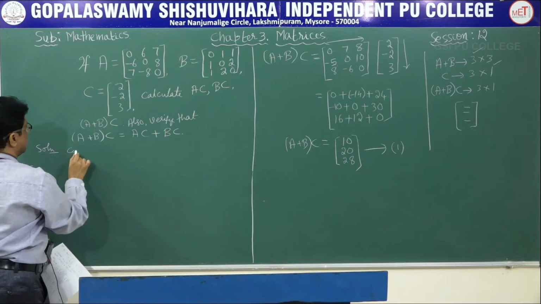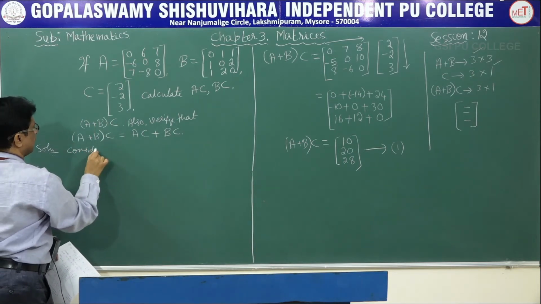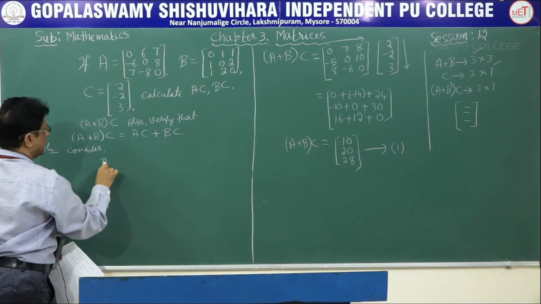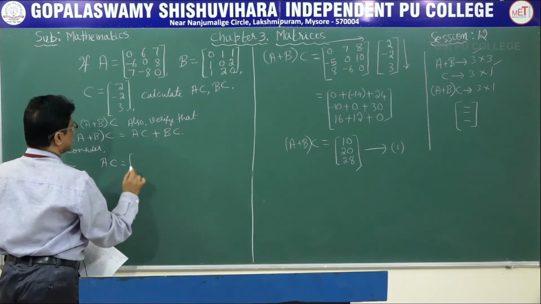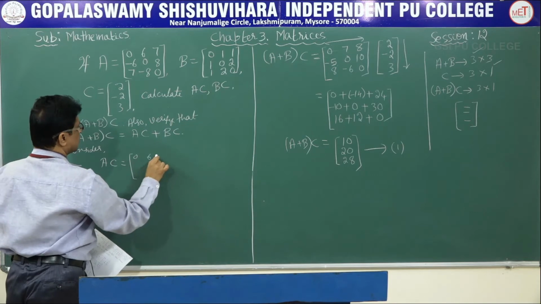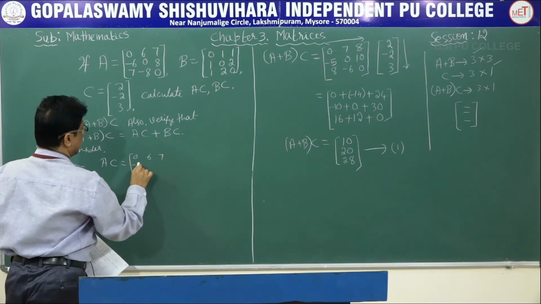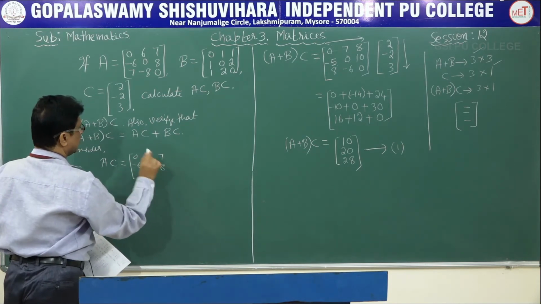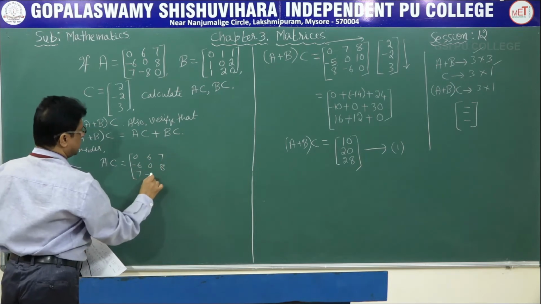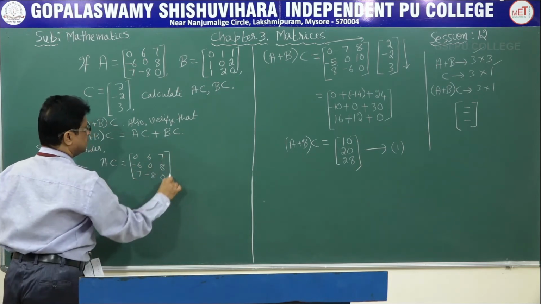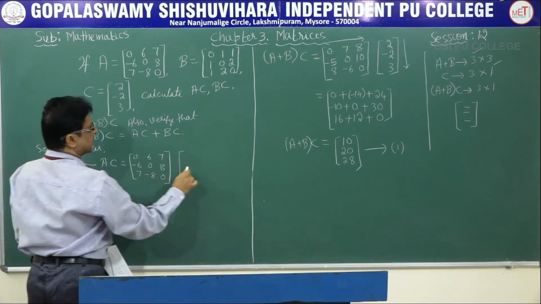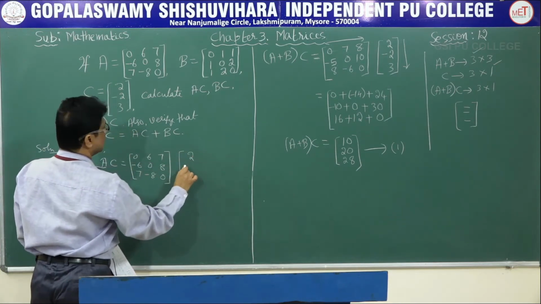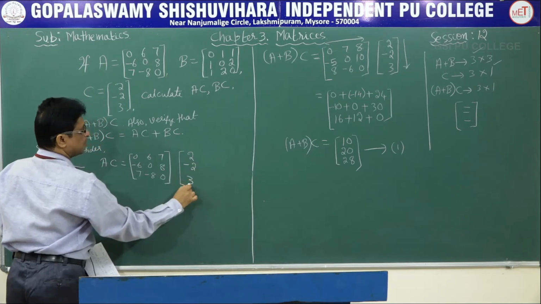So consider A into C, that is A matrix is [0, 6, 7; minus 6, 0, 8; 7, minus 8, 0] into C. C matrix is [2; minus 2; 3].